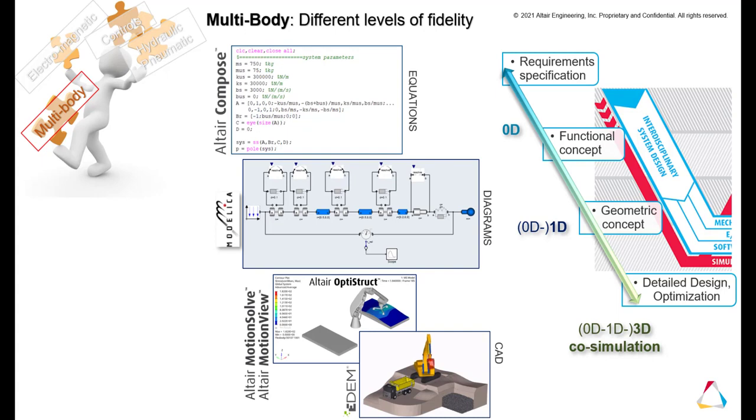And for the highest fidelity solution, we're talking about bringing in a co-simulation, a MotionSolve block, with a mechanical system designed in MotionView using MotionSolve, and then sending signals, co-simulating with that mechanical system for your highest fidelity analysis.